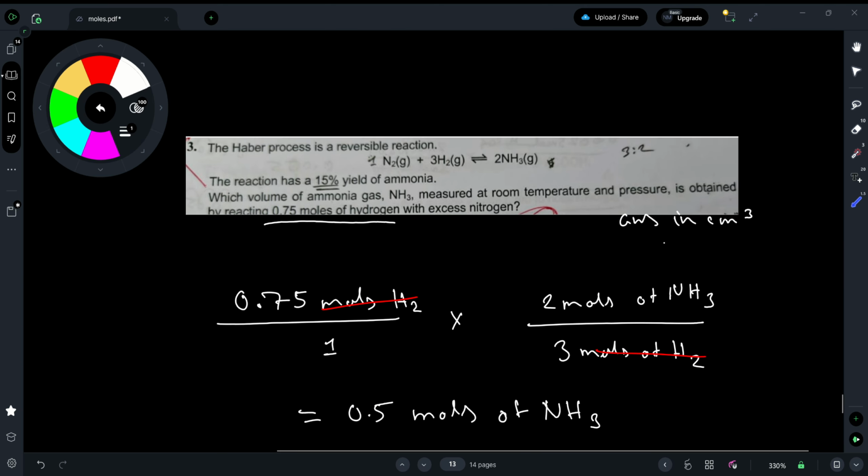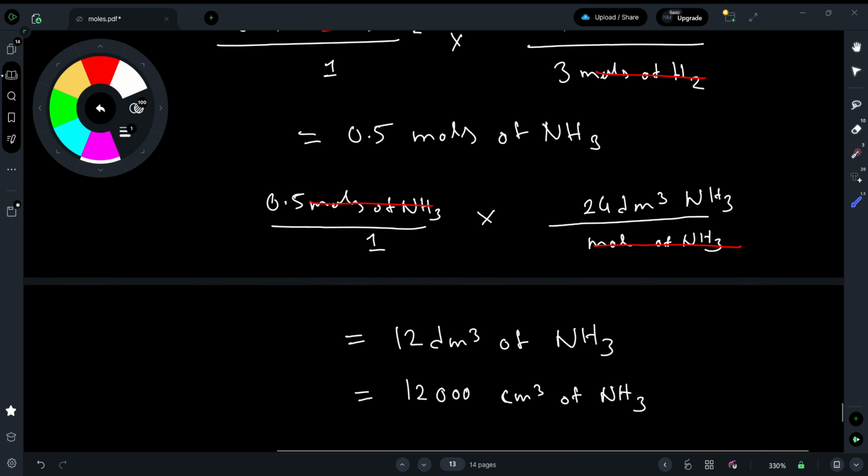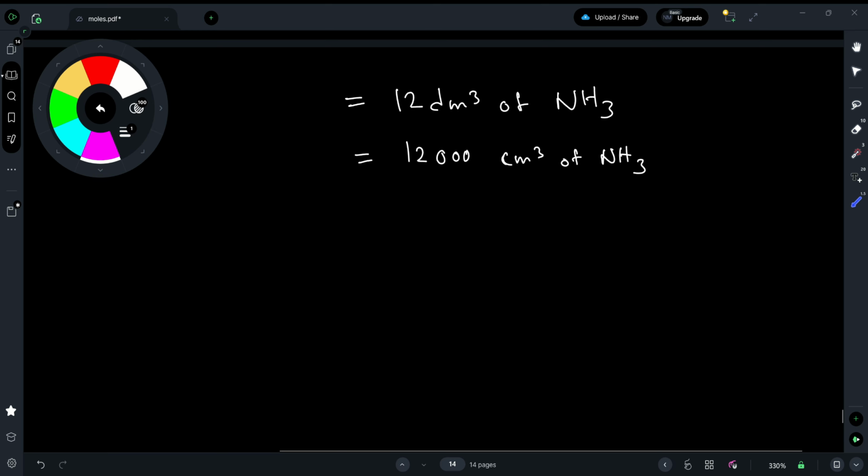But remember, the question said the reaction has a 15% yield of ammonia. So this is important. They gave us the percentage yield.